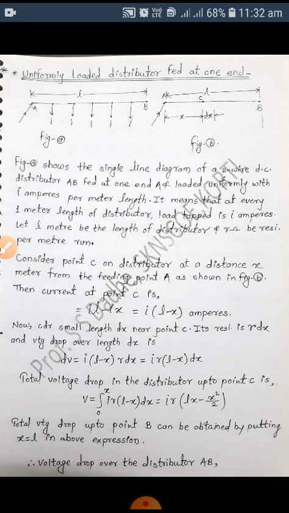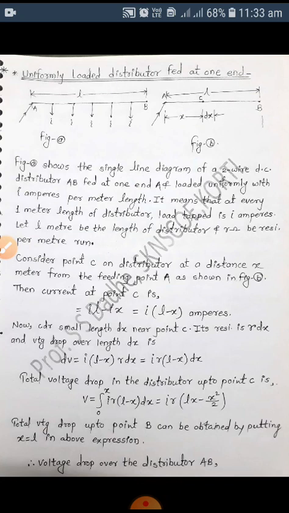Dade. Today in this session we are going to discuss uniformly loaded distributor fed at one end. Now figure A shows the single line diagram of two wire DC distributor AB fed at point A and which is loaded uniformly with i ampere per meter length.